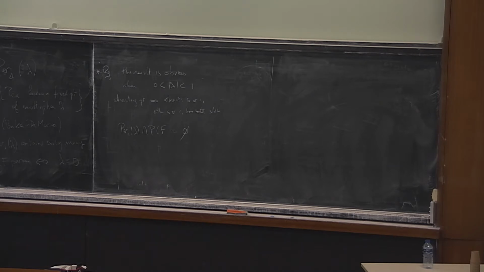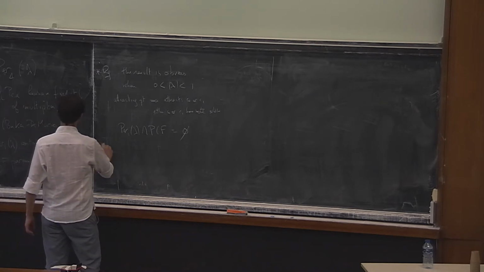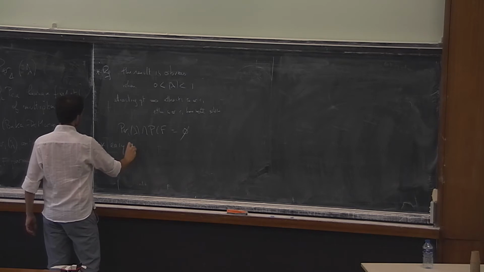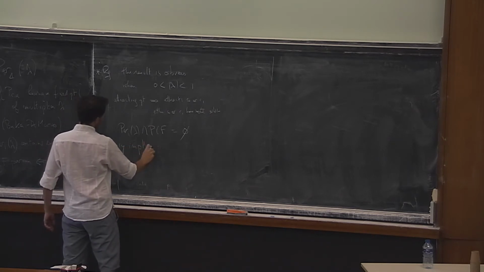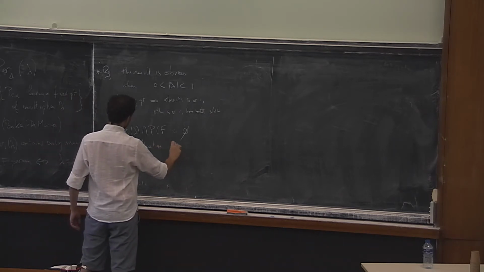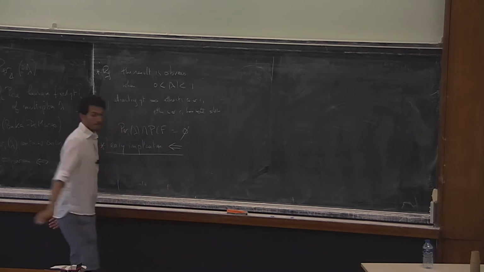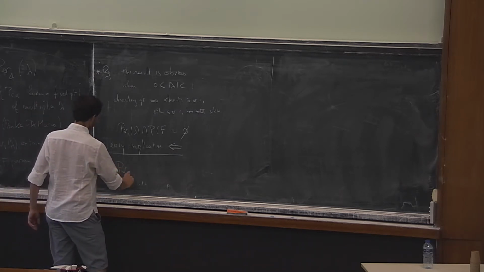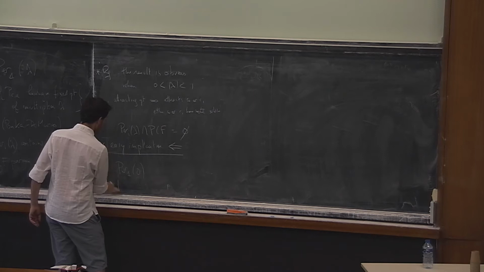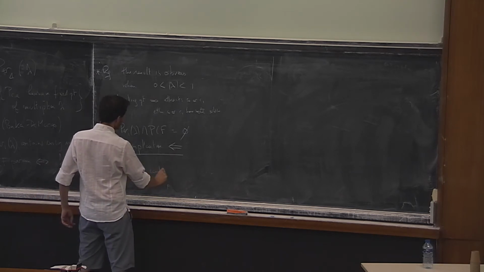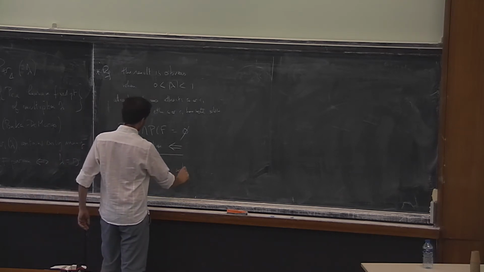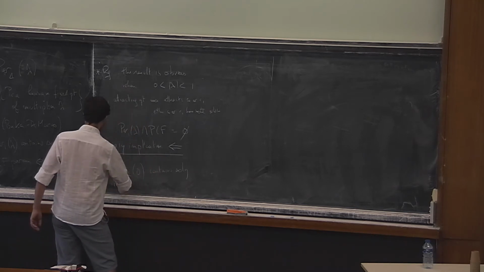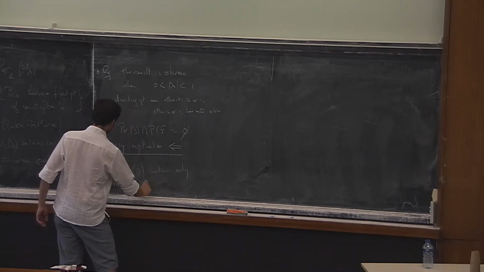So let me first prove the easy implication. So the easy implication is the reverse implication. You must prove that this curve Per_1(0) contains infinitely many post-critically finite parameters.